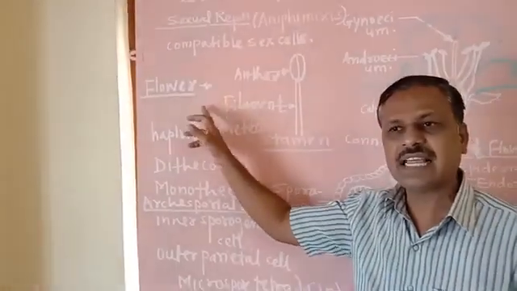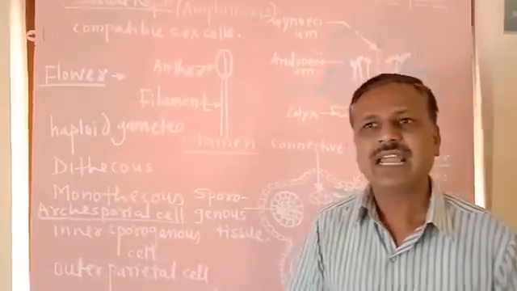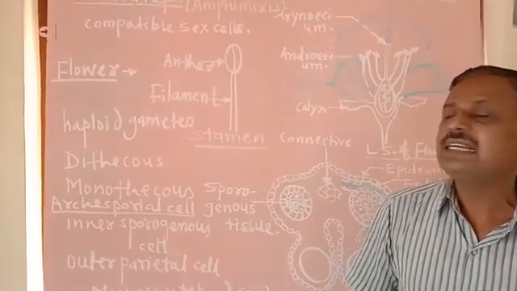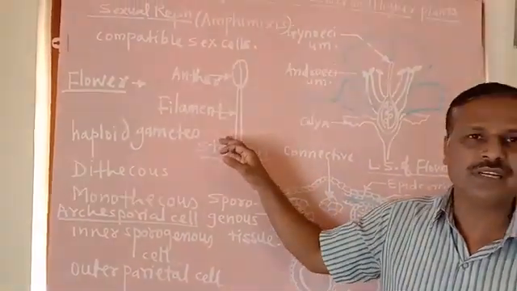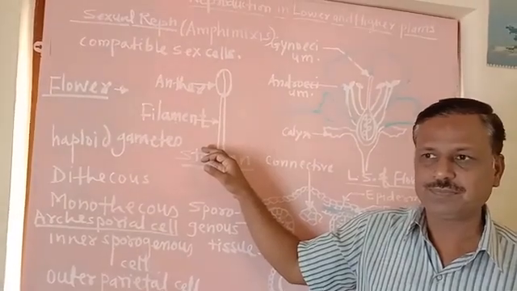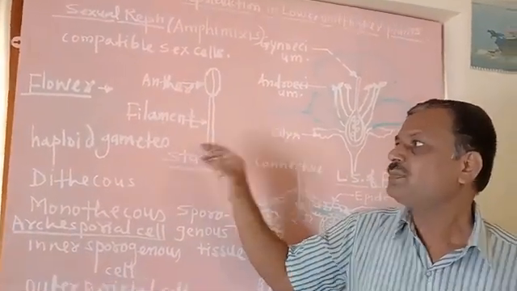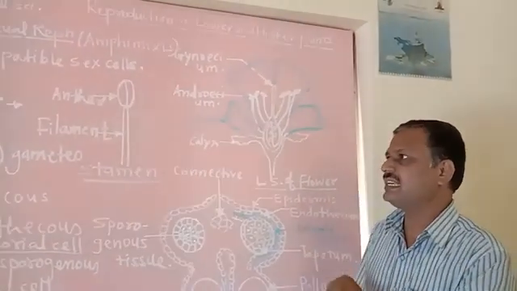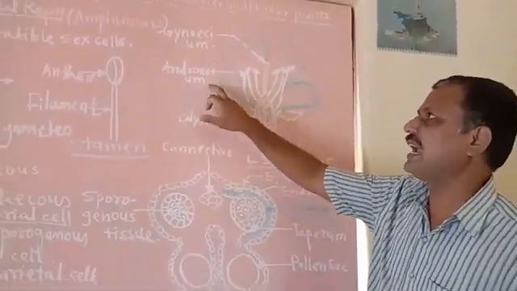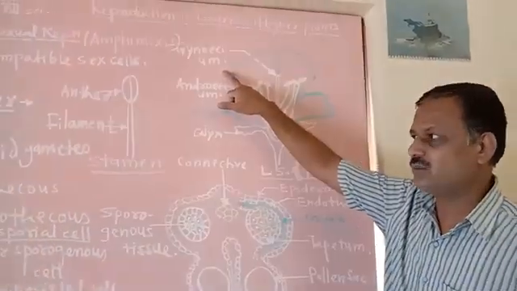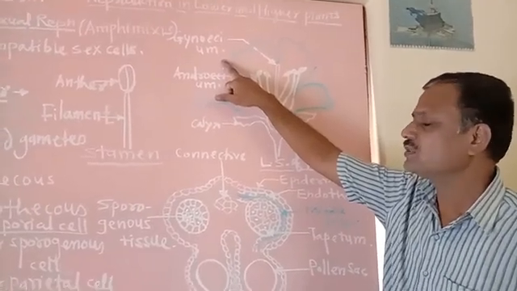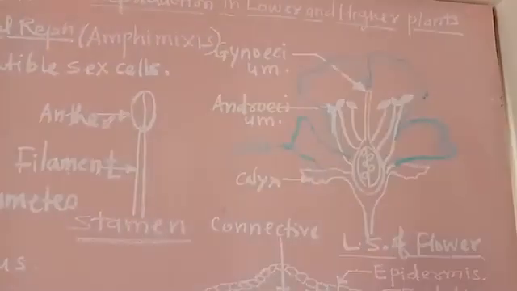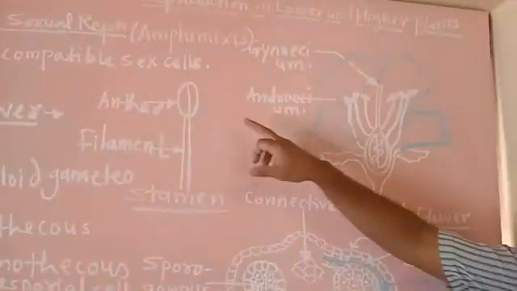Flower is a highly modified and condensed shoot, specially designed for sexual reproduction. This flower has two main essential whorls, that is androecium and gynoecium. We are going to discuss first the structure of androecium.